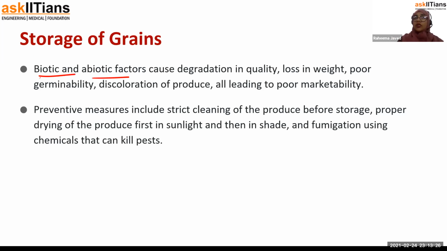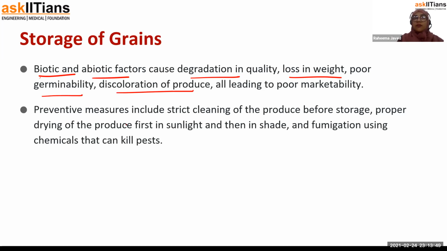Biotic includes rodents, fungal infection, bacteria, and pest infestation also. Abiotic factors include humidity variation and temperature variations, which can cause degradation in quality, loss in weight, poor germinability, discoloration of produce, or poor marketability.